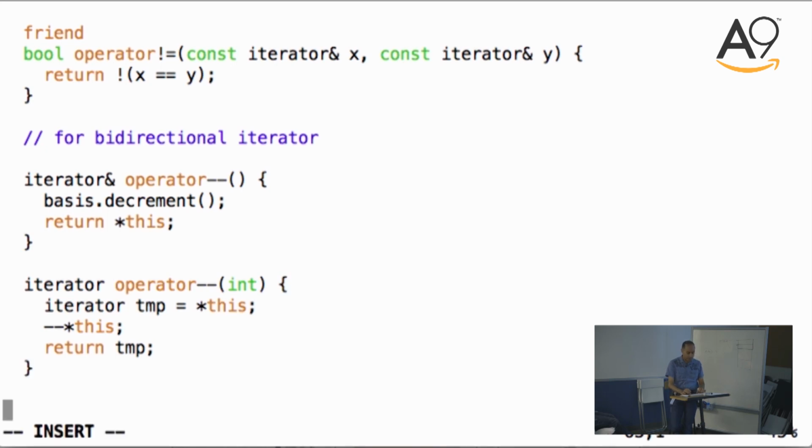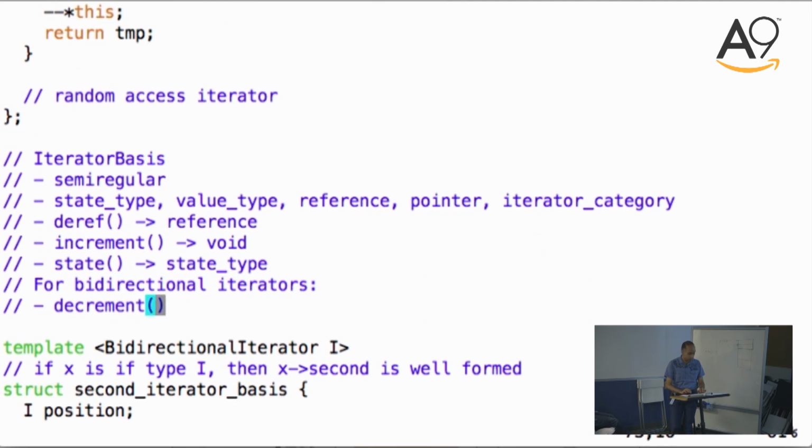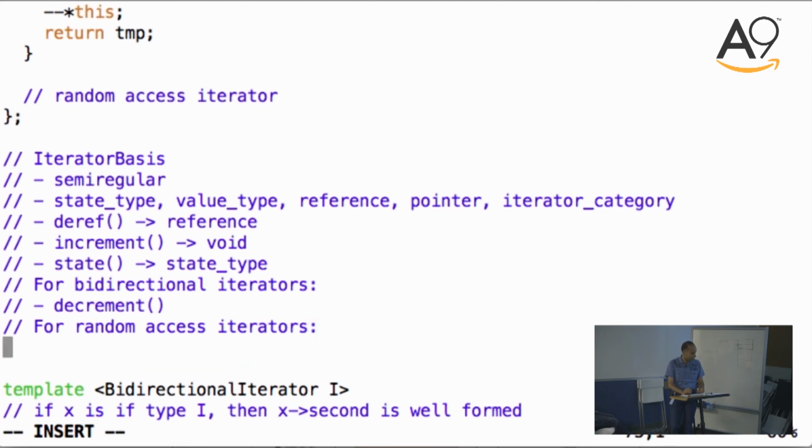For random access iterators, we need a whole bunch of things. So let's fix the basis first. No, I did that already. What do we need for random access iterators?